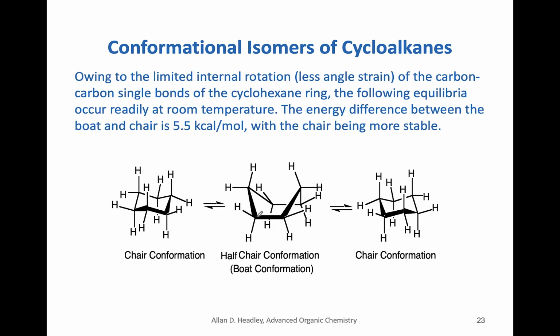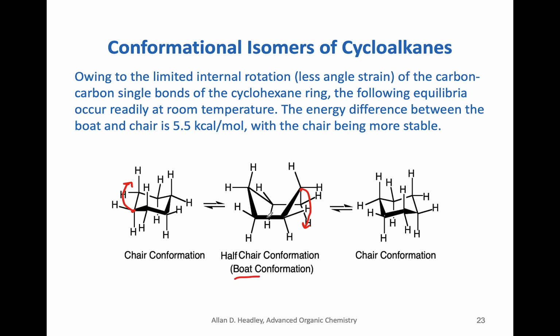So let's look at what happens here. As I mentioned, if you take this carbon and literally pull it up to here, you get a boat. And if you take this carbon and pull it back down to here, you get the other chair. So there's a constant equilibrium happening here. At room temperature, it's constantly going from one conformer to the other. Here we have the chair. We call this the half chair or the boat.